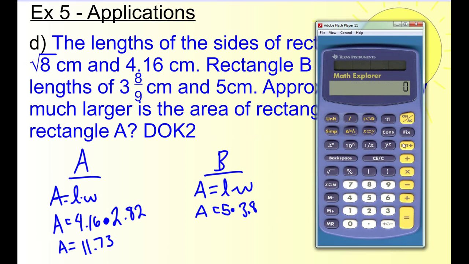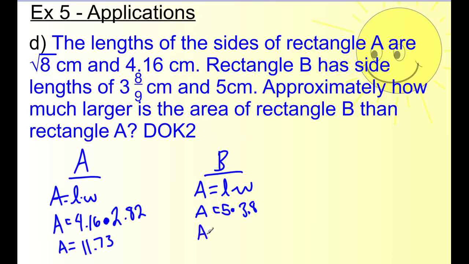And let's multiply. 5 times 3.8 equals 19. I would say that's far enough away to make sure that we know that rectangle B is going to be quite a bit bigger than rectangle A. We got this one to be approximately 11.73. Rectangle B is approximately 19. Rectangle B is bigger.